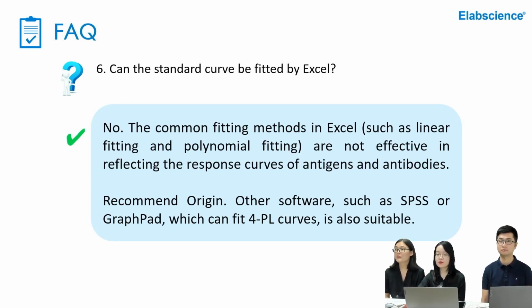And our lab usually uses the Origin software and fits the 4PL function to get the ELISA results. Other software such as PASS or GraphPad, which could also fit the 4-parameter curves, is also suitable.